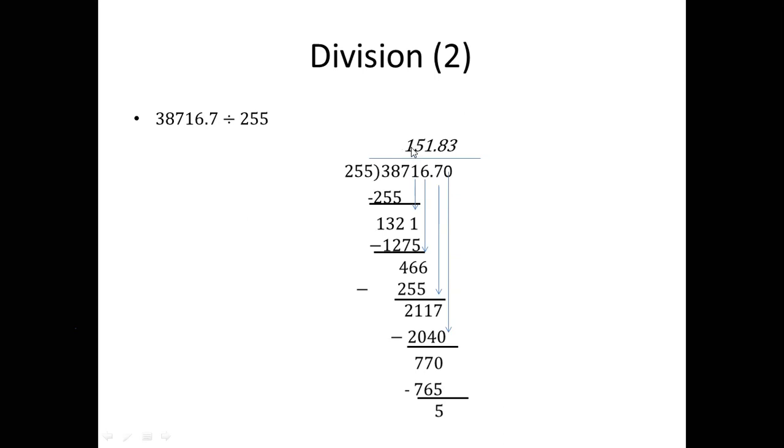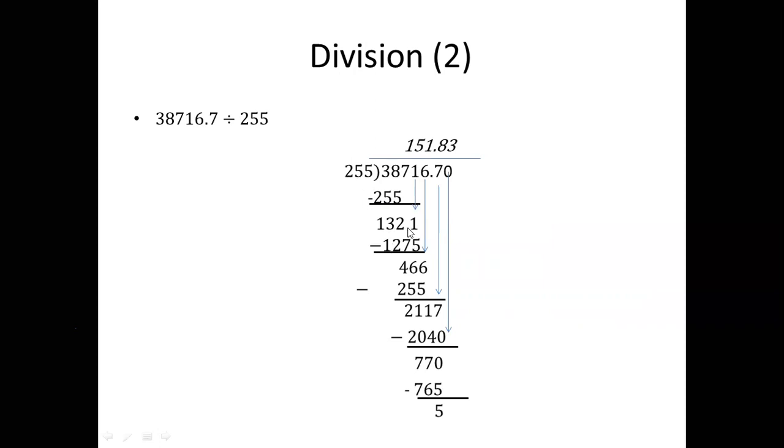So we are going to write our 1 on top of this 7, right? So we will now say 1 times 255, we get 255. We subtract 387 minus 255, we get 132. Now 255 does not get into 132, so we bring down 1 here. It becomes 1,321. How many times does 255 get into 1321? That's 5 times. 5 times 255 will give us 1275.